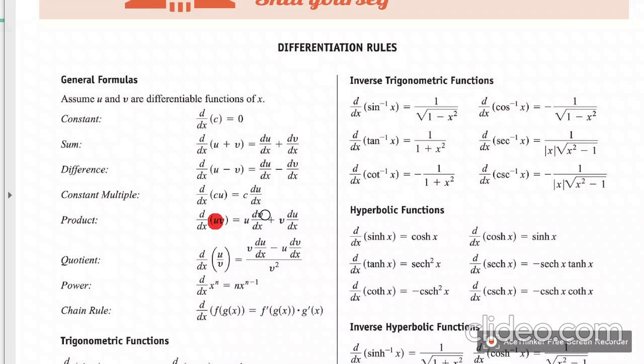Then you leave v alone and take the derivative of the remaining term, which is u. This is how you remember the uv rule.